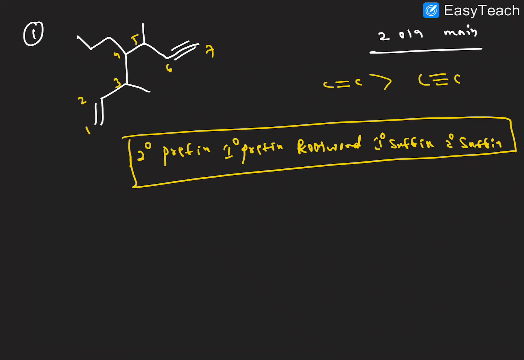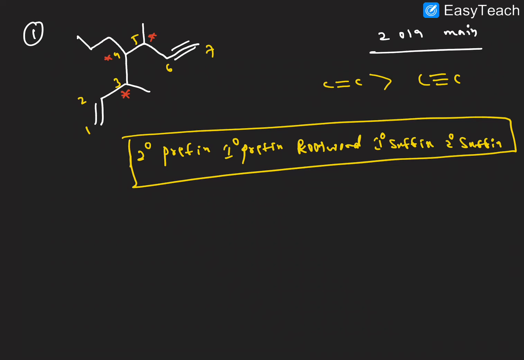Here substituents are at the third and fifth positions, and one at the fourth position. We write the substituents in alphabetical order: methyl and propyl, and methyl, M, comes first.